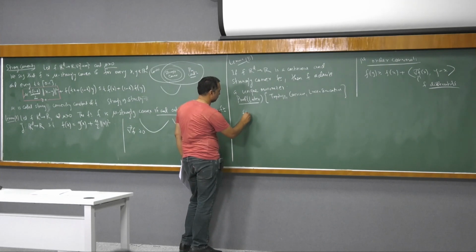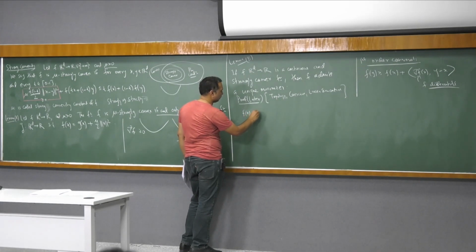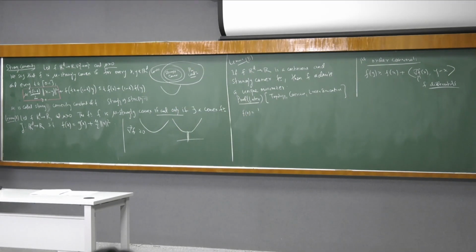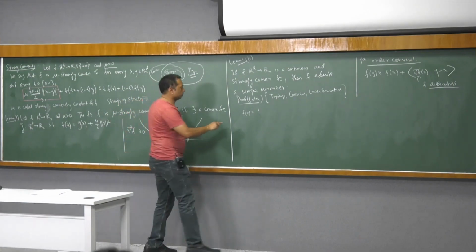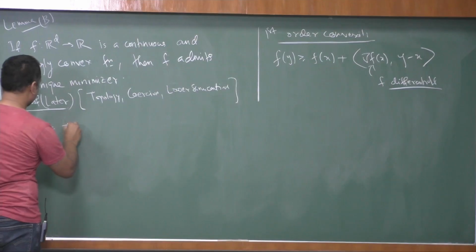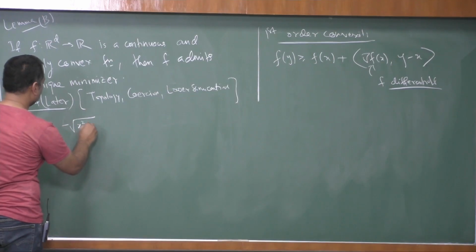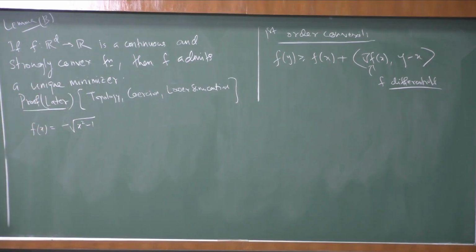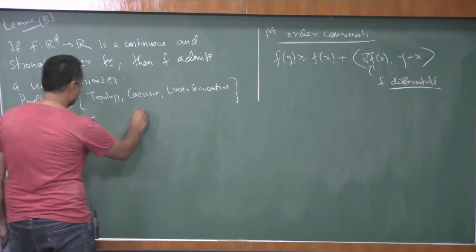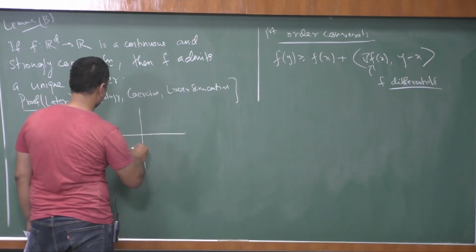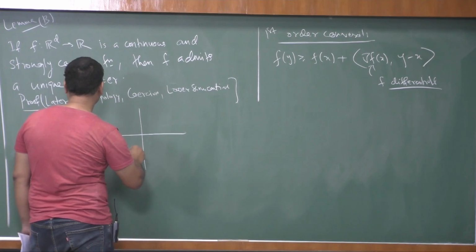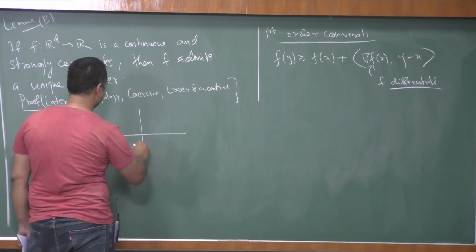f(x) is 1 over x. x square minus 1. No, just one dimensional, right? Yeah, minus of under root x square minus 1. So this goes where? Asymptotically to y equals x at the bottom, right?